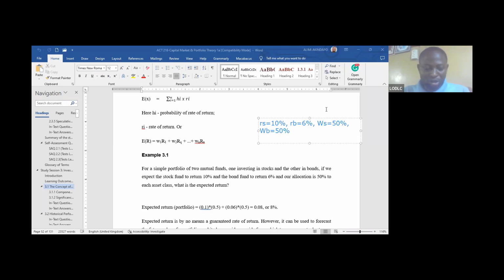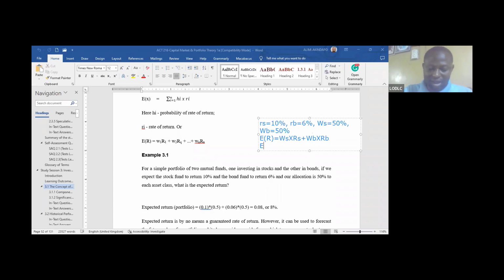So now your expected rate of return by the formula will be weighted average for stock multiplied by rate of stock plus weighted average for bond multiplied by rate for bond.